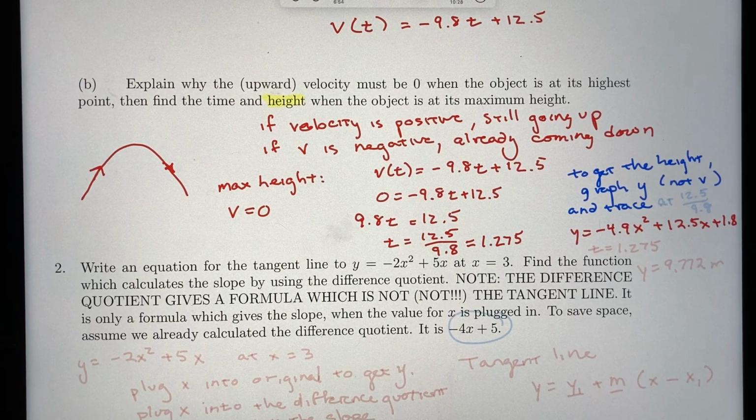And when we trace, we trace at 12.5 over 9.8. Notice you don't have to turn it into a single decimal when you're tracing. And the actual height is 9.772 meters.